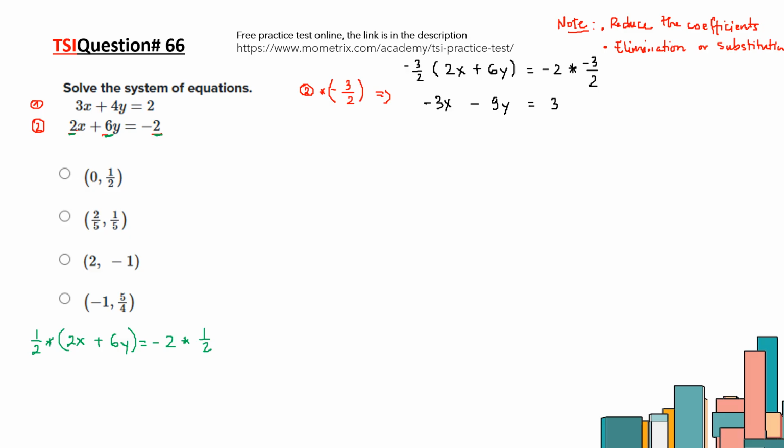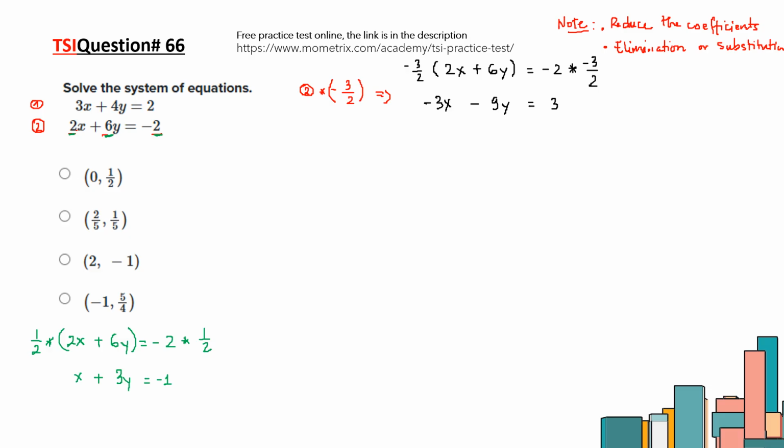Then I distribute: 1/2 times 2x is x, plus 6 times 1/2 is 3y, that equals negative 1.